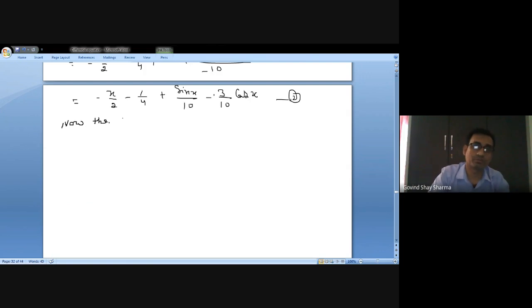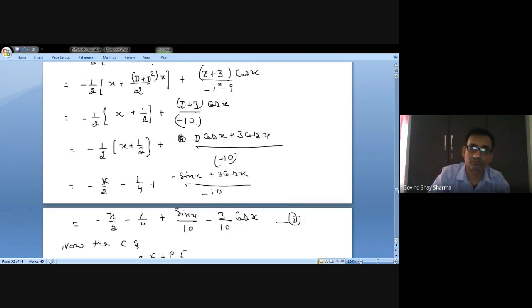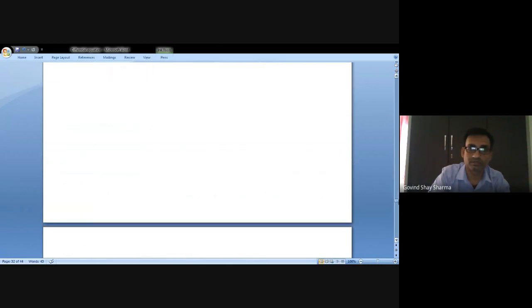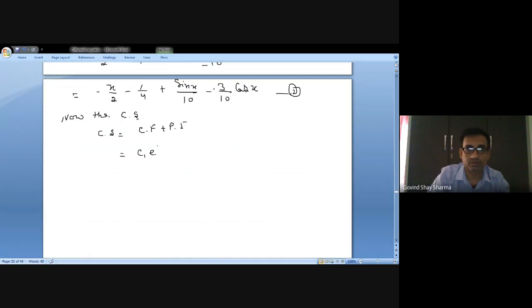Now the complete solution here is equal to CF plus PI. CF is equal to c1 e to power x plus c2 e to power minus 2x.